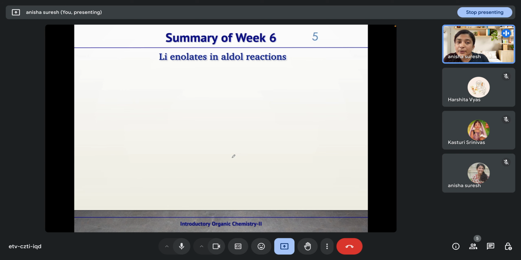Now coming to aldol reaction in the presence of lithium enolates. When we have a carbonyl compound treated with LDA, that is lithium diisopropylamide, the lithium can coordinate with the lone pairs of oxygen, then it will form a cyclic transition state.